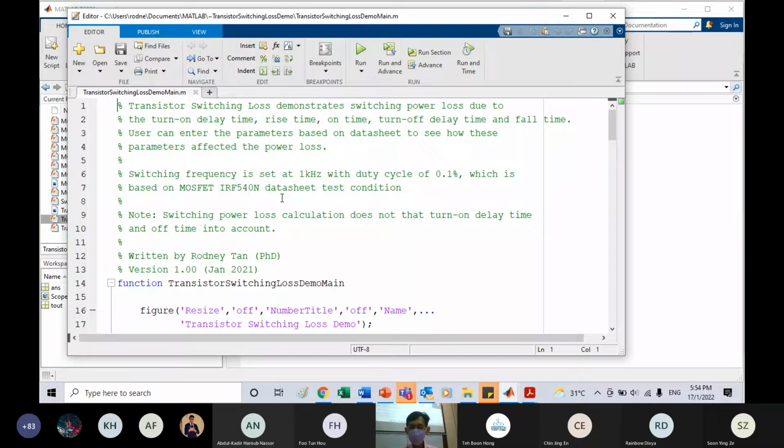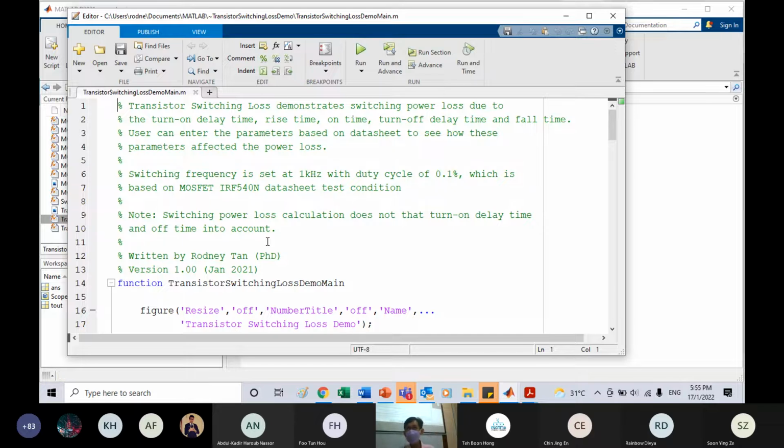I wrote this program to demonstrate the switching loss graphically, so you can see it. But you cannot get the same losses as the calculation, because the switching loss calculation does not include the turn-on delay time and turn-off time into account.